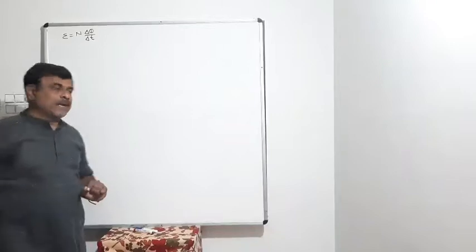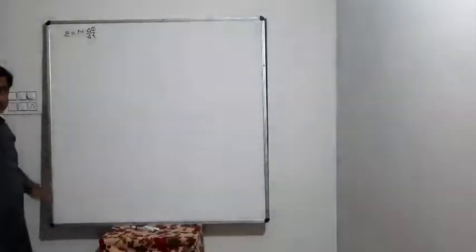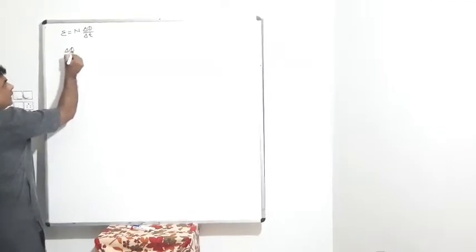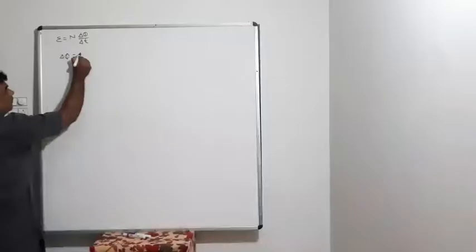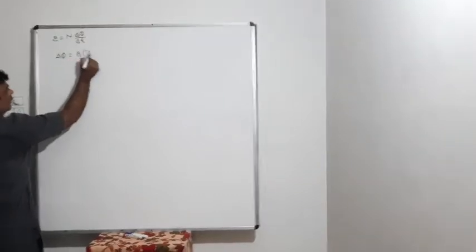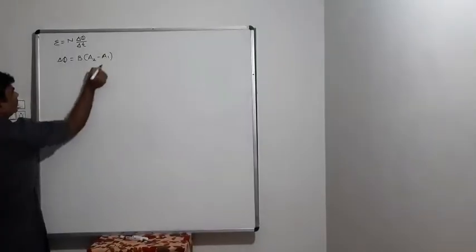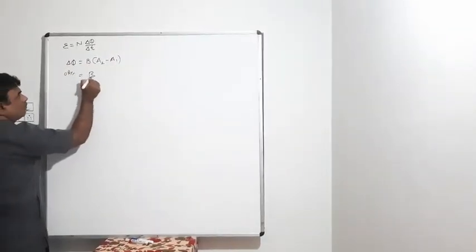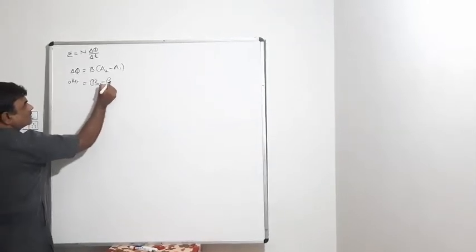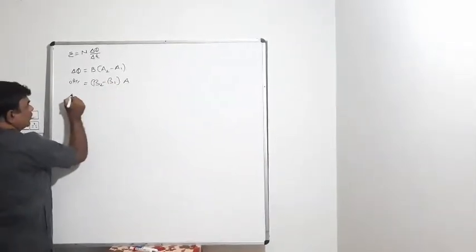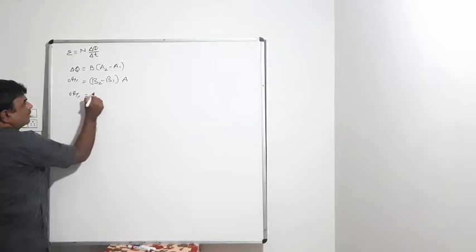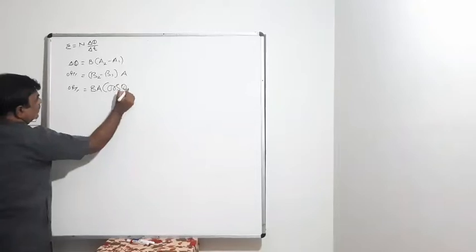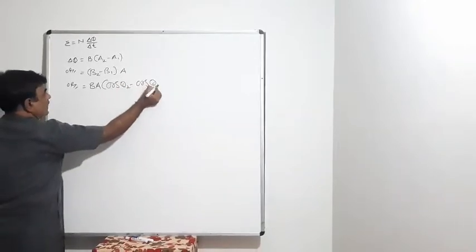Now in this formula E equal to N delta phi by delta T, delta phi can be written as B times A2 minus A1, or it is equal to B2 minus B1 times A, or it can be BA times cos theta 2 minus cos theta 1.